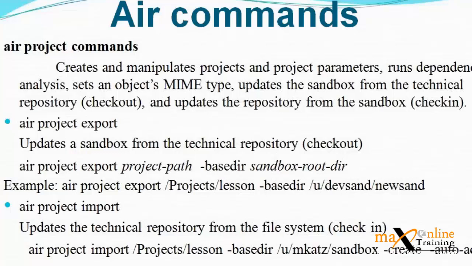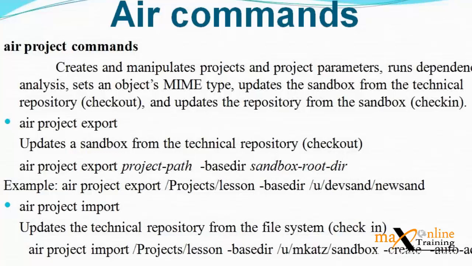For check-in you have to use add project import. There you can check whether this particular command is working correctly or not with a dry run, and this hyphen dry run option is present for most of the commands. You can check the parameters in the help file.